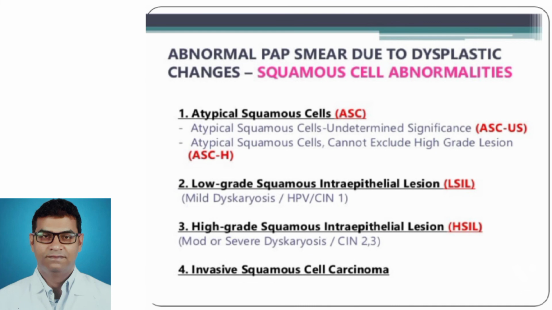Mild dyskaryosis will be there; HPV or cervical intraepithelial neoplasia 1 comes under this category. High-grade squamous intraepithelial lesion, HSIL, includes moderate or severe dyskaryosis. Cervical intraepithelial neoplasia 2 and 3 come under this category. And finally, invasive squamous cell carcinomas.